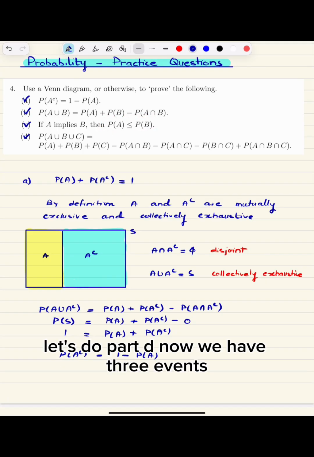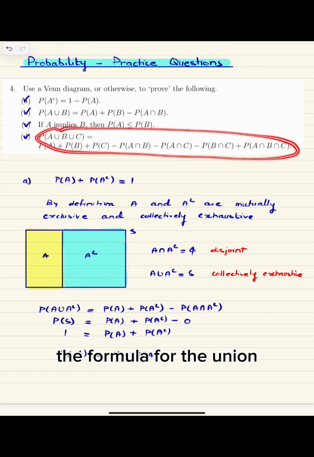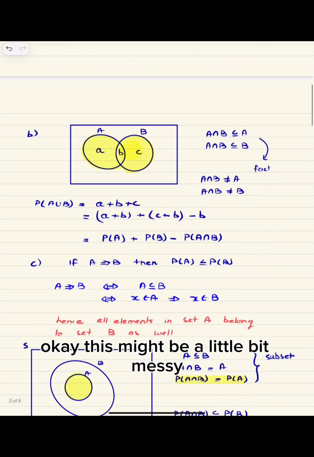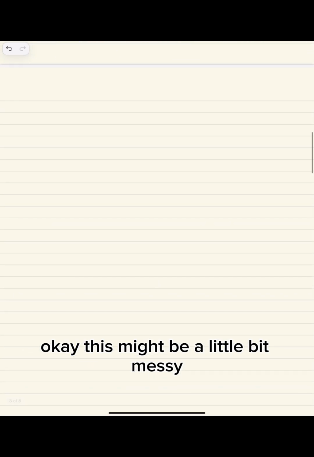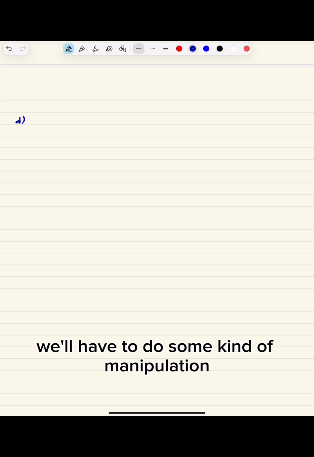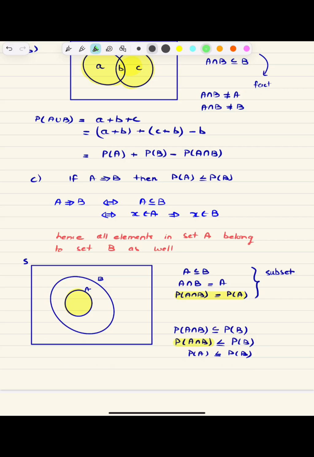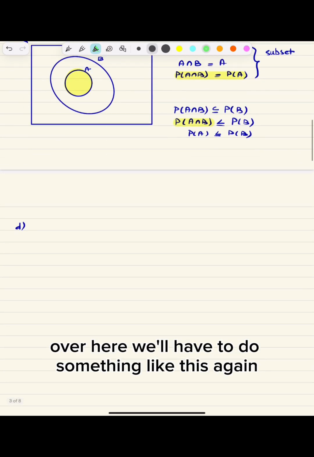Let's do part D. Now we have 3 events and they want us to prove the formula for the union. This might be a little bit messy. Again, we'll have to do some kind of manipulation like I did over here.